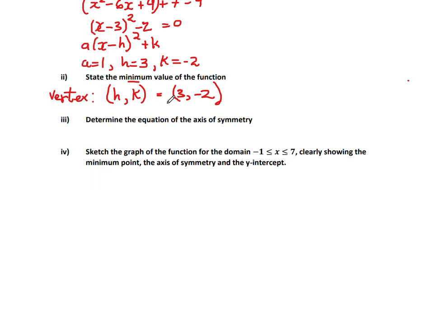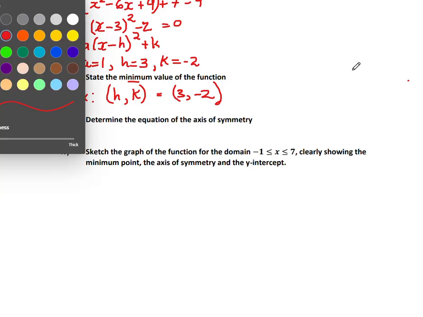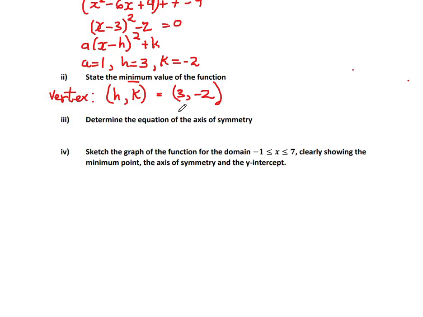So we have determined the minimum value, and now we're asked to write the equation of the line of symmetry. The equation of the line or axis of symmetry is always simply whatever h is equal to. And h is equal to 3 in this case, yes? So whatever h is always represents the axis of symmetry.